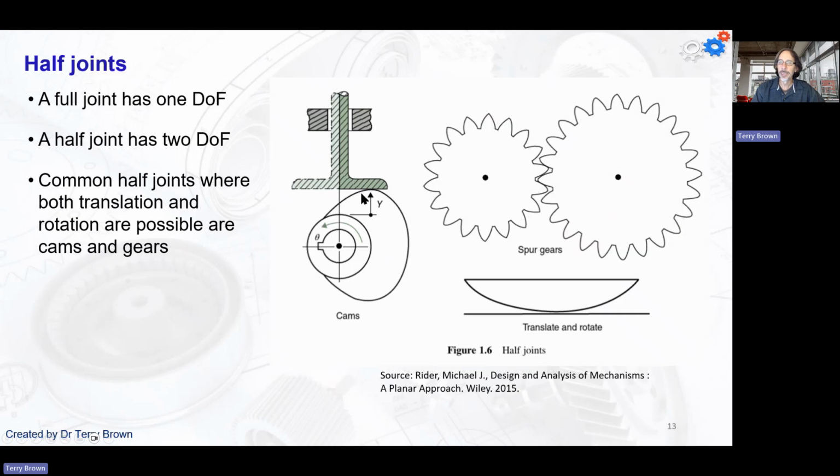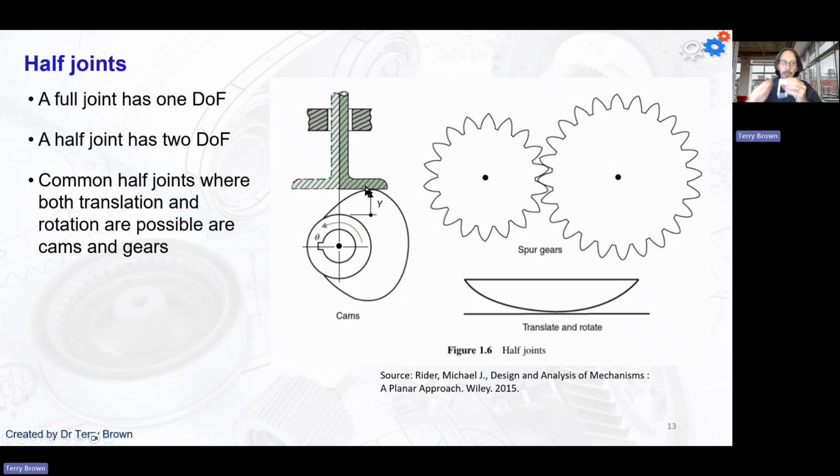So 2 other common half joints are a cam, so just something on a surface. So it's constrained to move along this surface. So it can't move off the surface. So 1 degree of freedom, translation in the horizontal direction, and then a rotational degree of freedom.